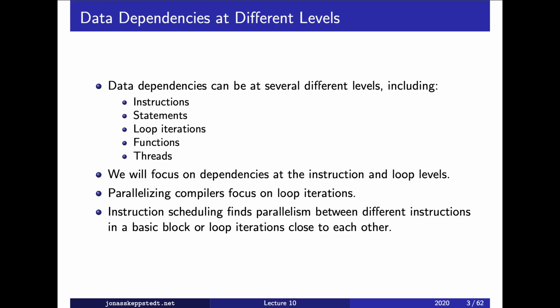Data dependencies can be at different levels. Instructions, for instance, machine instructions, or instructions in the intermediate code, three-address instructions. We sometimes call them statements, but in this slide, by statement we mean a statement in a high-level language, typically assignment statements, but not necessarily.